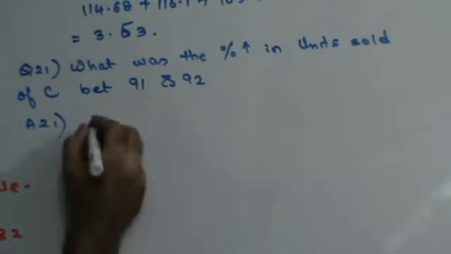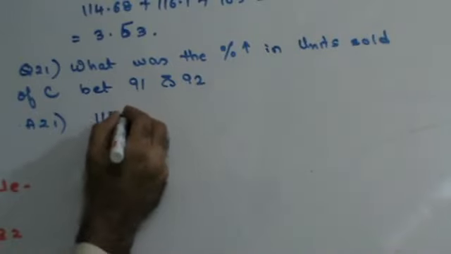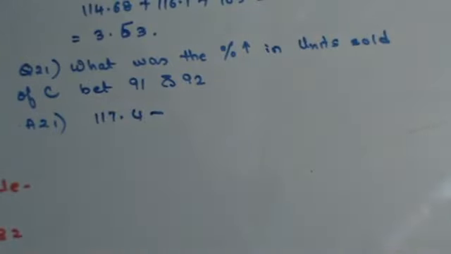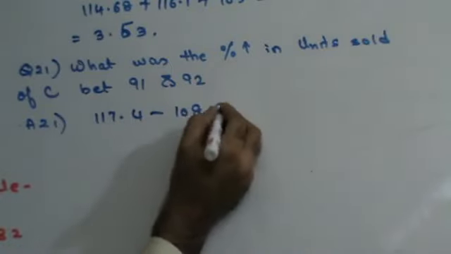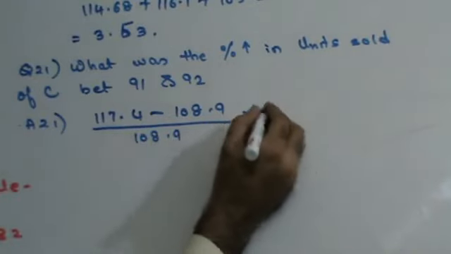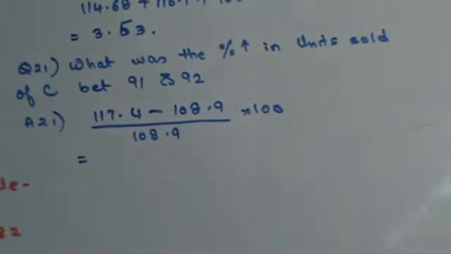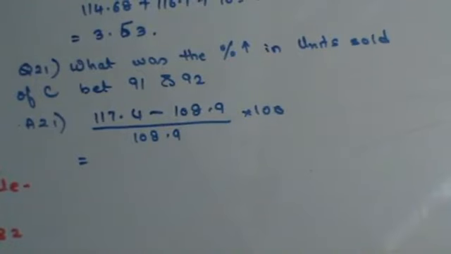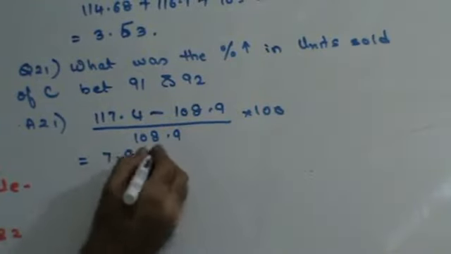In 92, I was selling 117.4 units. In 91, I was selling 108.9 units. Divided by 108.9 into 100. That should give me my percentage increase, which should be approximately 7.8%.